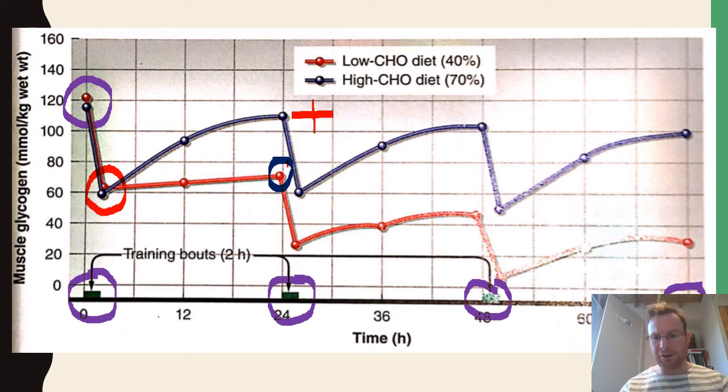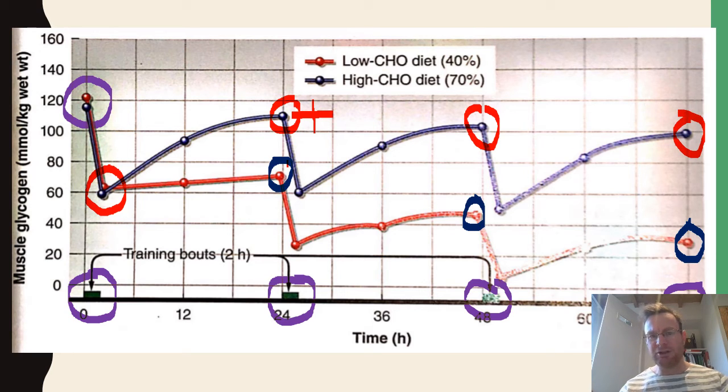And if you take that further, just before the next bout of exercise, their glycogen stores are there, and their glycogen stores are there in that last bout. And again, if you follow the high carbohydrate person, they remain much higher.